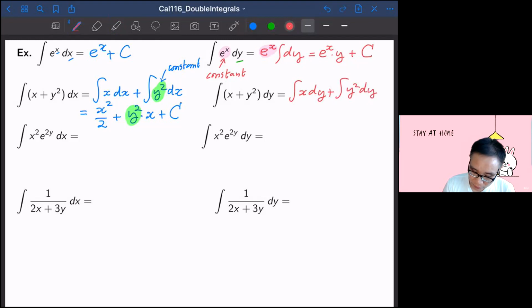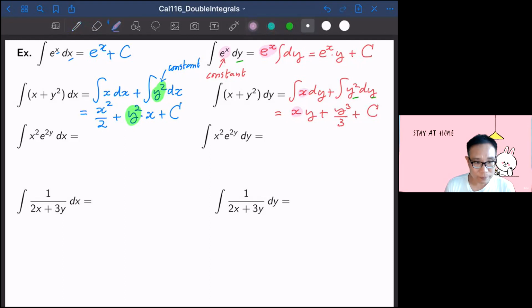The integral of x dy is a constant multiple, so you have x, and the integral of y squared dy is going to be y cubed over 3 plus c. You have to play with the variable. You integrate y as usual, y to the third over 3.